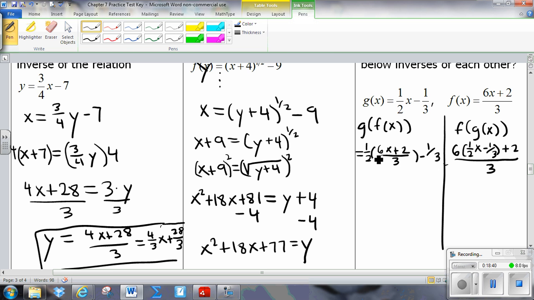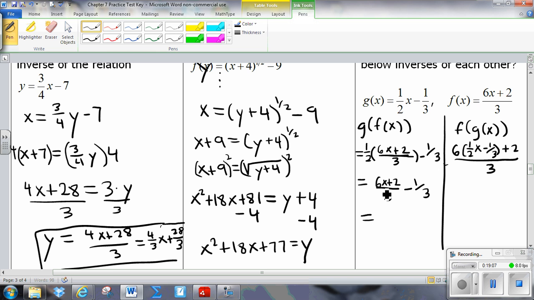Now when you're multiplying fractions, you have to remember you do the top times the top and the bottom times the bottom. This is all one fraction inside of here. So we multiply the 1 by the 6x plus 2, but 1 times anything is the same thing again, so we end up with 6x plus 2 on the top. Then bottom times bottom, 2 times 3 is just a 6. And you do minus 1/3.